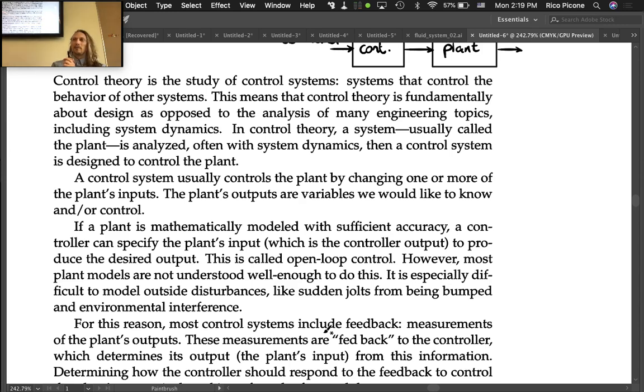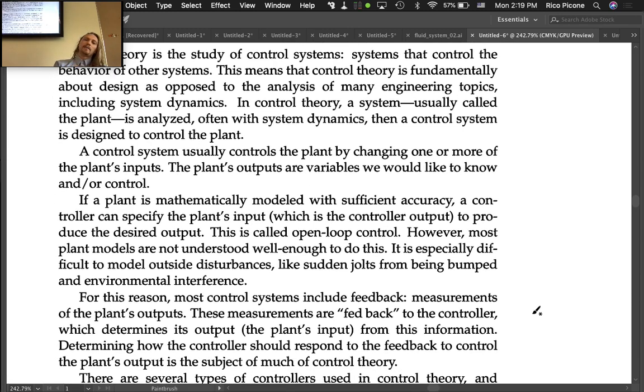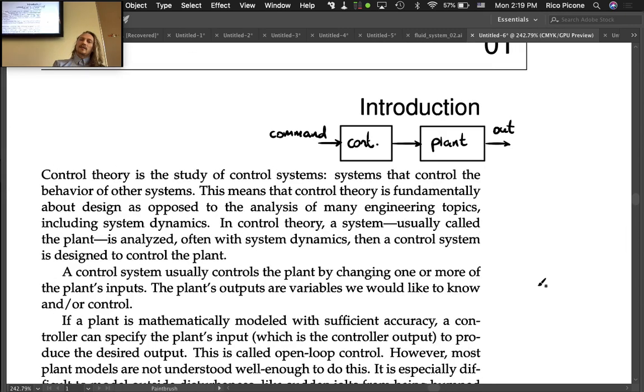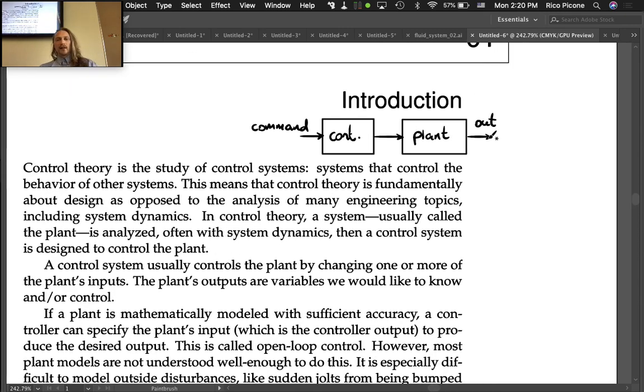So you're very reliant on a lot of things that are probably not completely true. For this reason, most control systems include feedback, which is to say measurements of the plant's outputs. Feedback would be taking this output and feeding it back and doing something with it back here. We'll modify this a little bit later, but this is feedback.